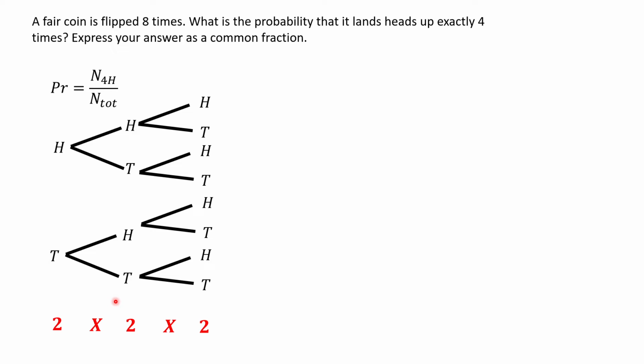If I had 2 throws, I had 2 to the power of 2 outcomes. If I have 3 throws, I have 2 to the power of 3 outcomes. If I have 4 throws, 2 to the 4th, obviously. And if I have 8 throws, I have 2 to the 8th power outcomes. And that's 256. So we figured out how many total outcomes I have.